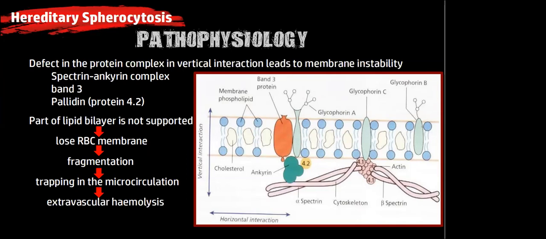This spherocyte form is easily trapped in the microcirculation, in the splenic circulation. It is taken up by cells of the reticuloendothelial system, where they are eaten by macrophages and prematurely destroyed. So the hemolysis is extravascular hemolysis.